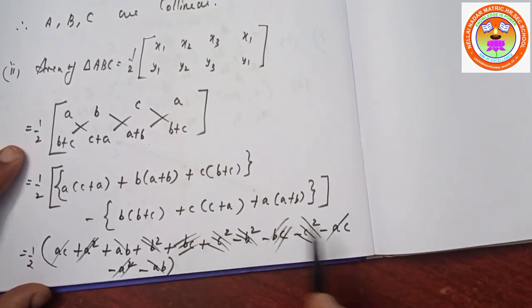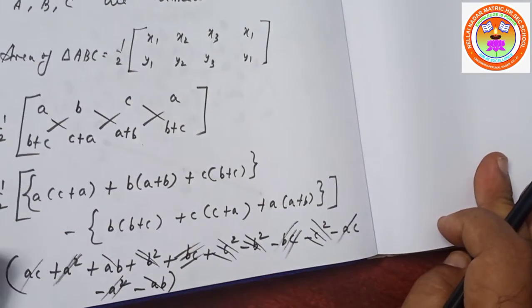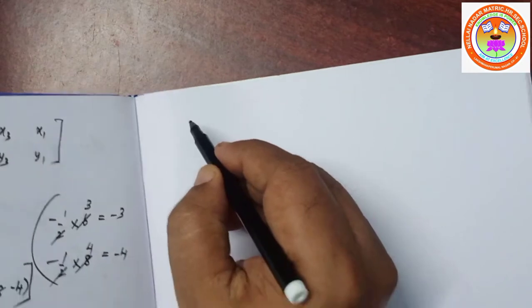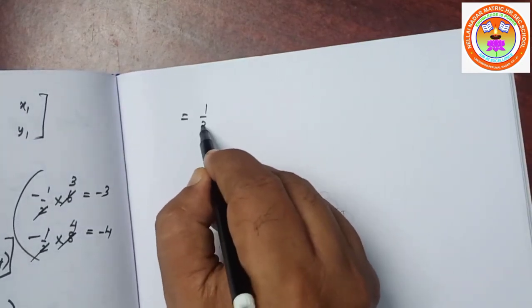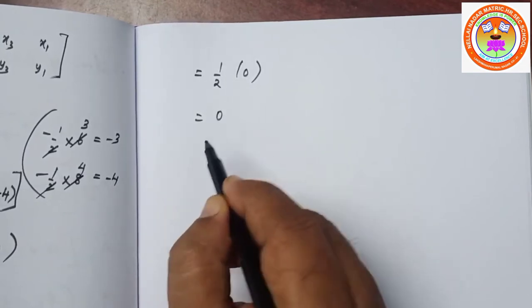So you are getting 0 only, correct? So half into 0, 0 into anything, that is equal to 0.